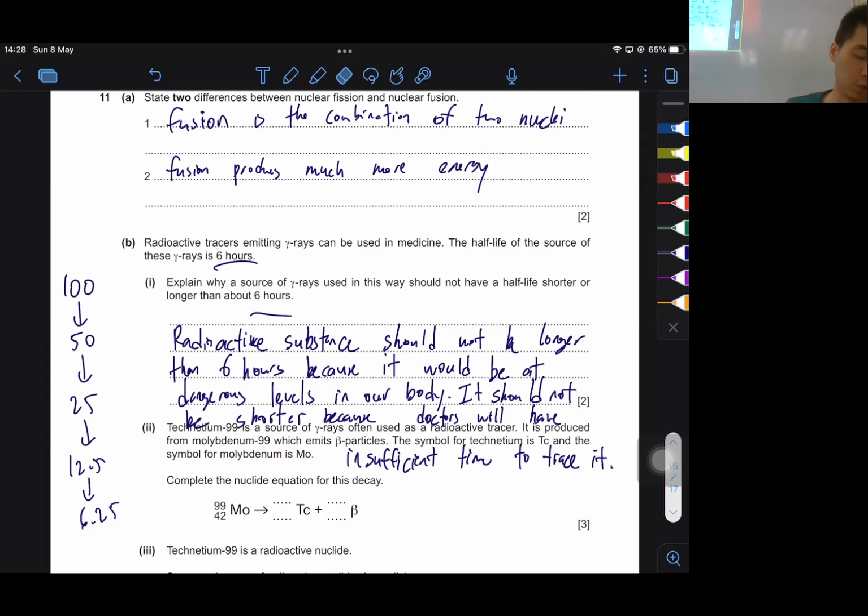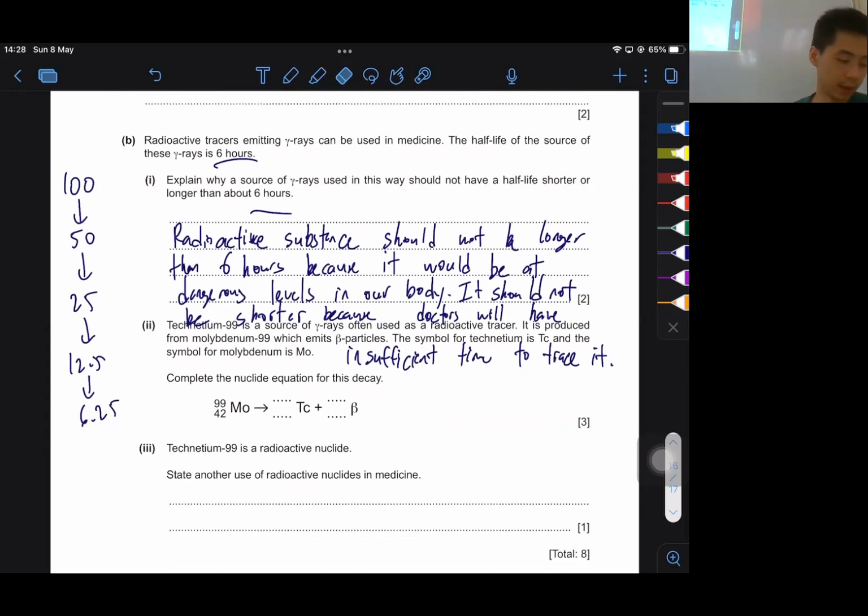Radioactive substances should not be longer than 6 hours, because it would be at dangerous levels in our body. It should not be shorter, because doctors will have insufficient time to trace it. Something along the lines.